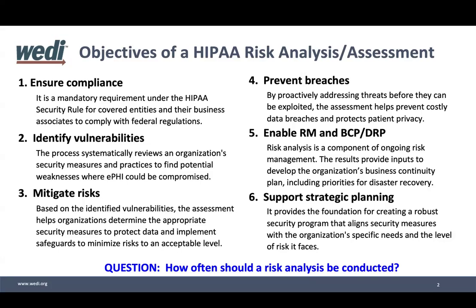So that's ensuring compliance. We also think doing a risk analysis is a necessity to identify vulnerabilities in your organization. And vulnerability is sort of a catch-all. What type of vulnerability? Obviously, security vulnerability, but in order to understand where your vulnerabilities are, you have to understand what's putting your organization at risk. And it's essentially the PHI data.